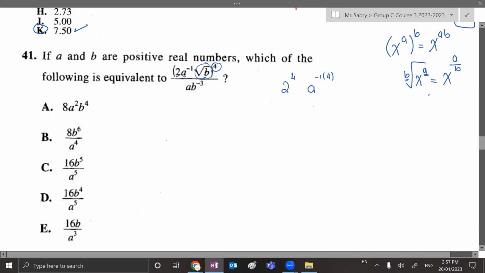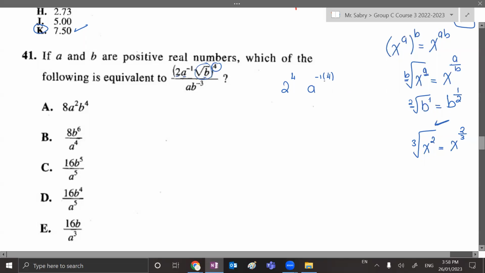So instead of root b, I can write the power inside, which is not written here so it counts as 1, and the power outside, which is not written so it counts as 2, because the root has nothing less than 2. So it becomes b to the power of half. That's a very well-known thing. Please remember it. Whenever we have root x, that's the same as x to the power of half. If we have, let's say, x to the power of 2 under the cubic root, it's the same as x to the power of 2 over 3.